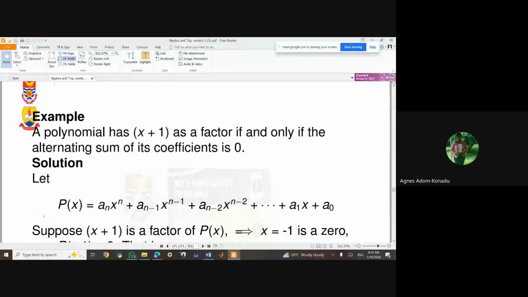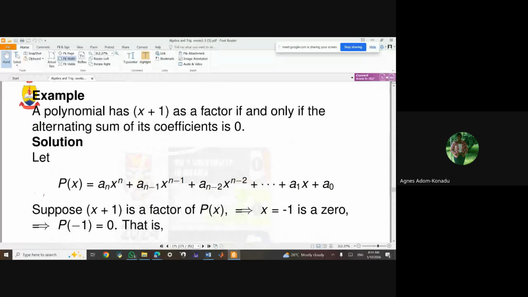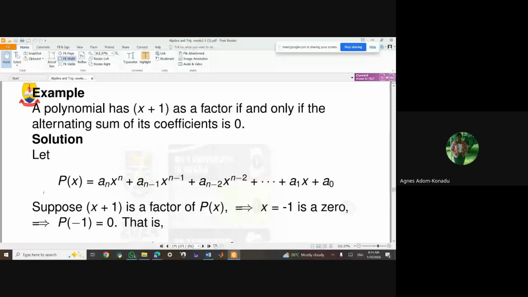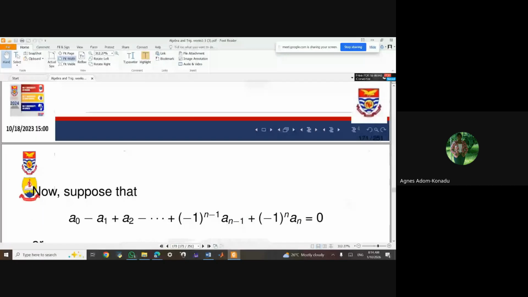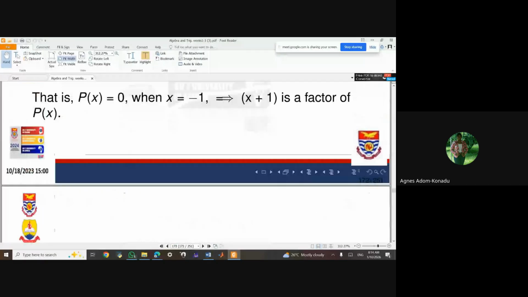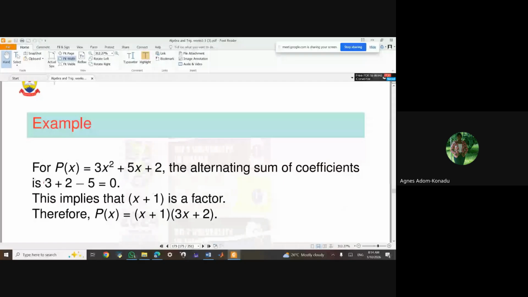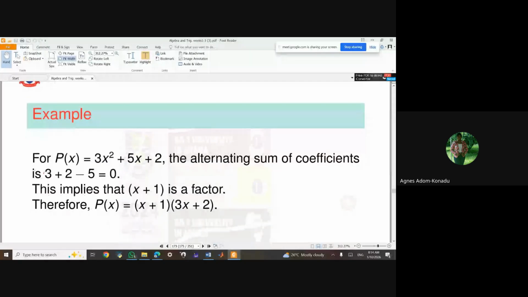Okay, so you have an example. It says that the polynomial has x plus 1 as a factor if and only if the alternating sum of its coefficients is 0. This proof we want to skip; you can look at it yourselves.